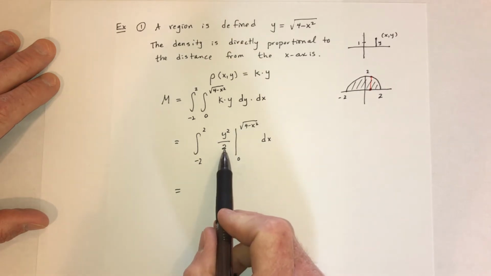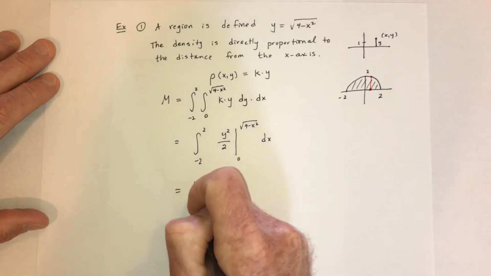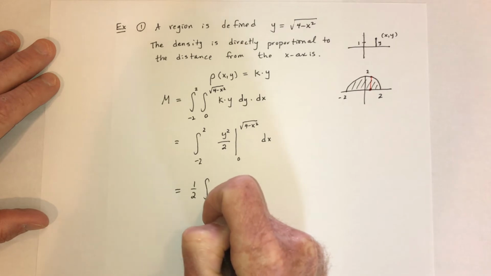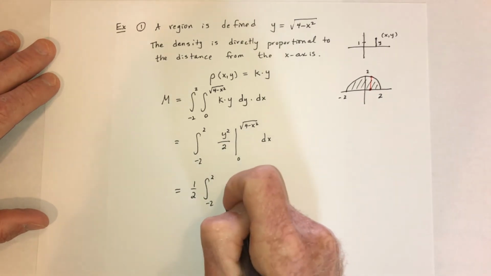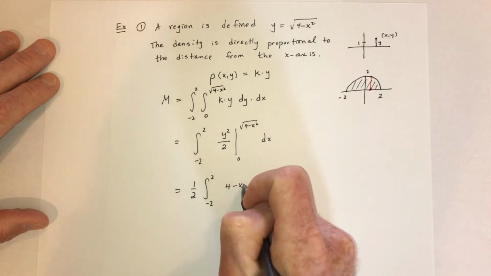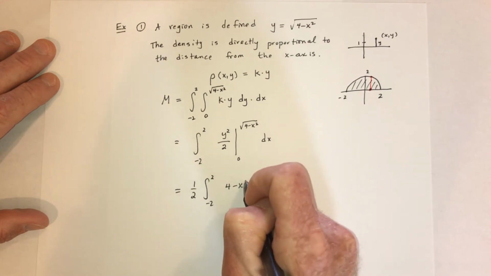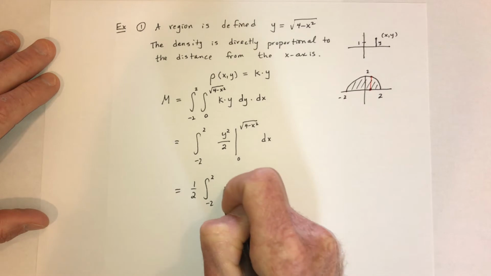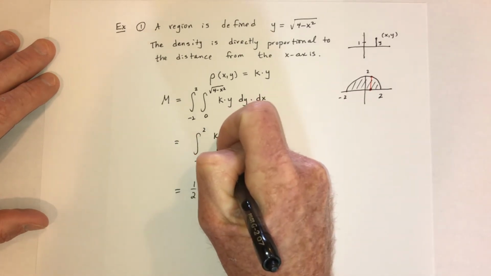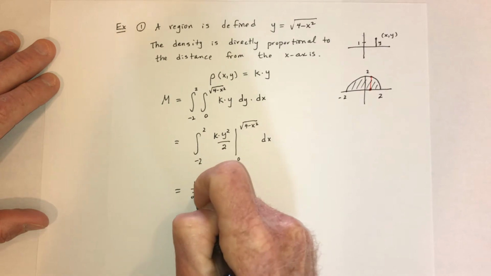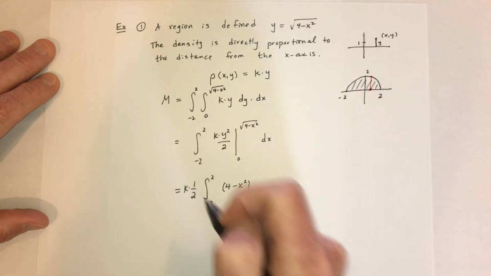And with this 1/2, I'm going to factor it out. So the square and the square root will cancel, so all that's left is 4 minus x squared. Somewhere along the way, I lost the k. So the k should have been right here. And then because k is a constant, you could just factor that out.